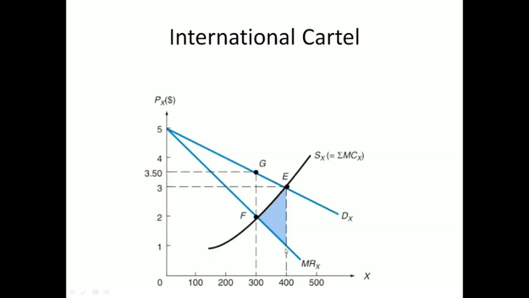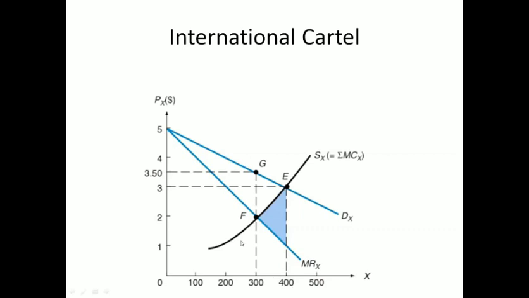And also the quantity you can see at the competitive market is 400 units of X, whereas this cartel is offering to the world economy a supply of commodity X of 300. So this is how they restrict the quantity of commodity X. So if you consider commodity X is an oil product, then the oil per barrel which they are offering in the world economy is now less in quantity as compared to 400.